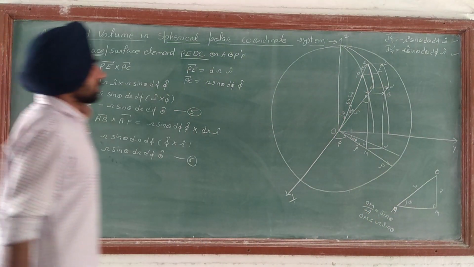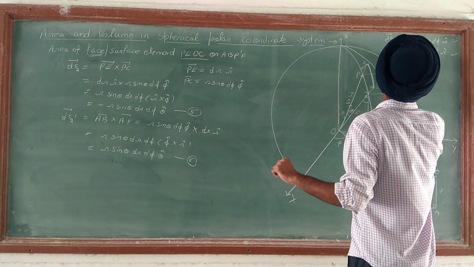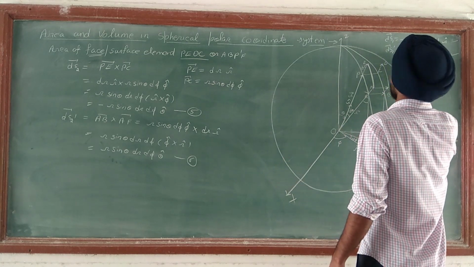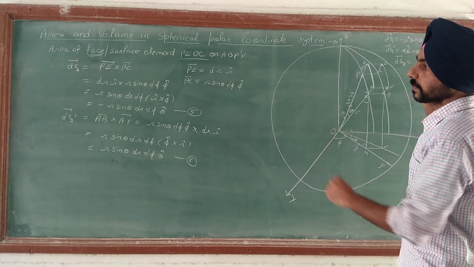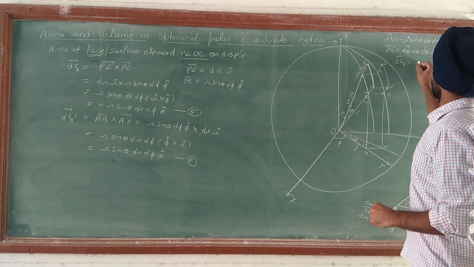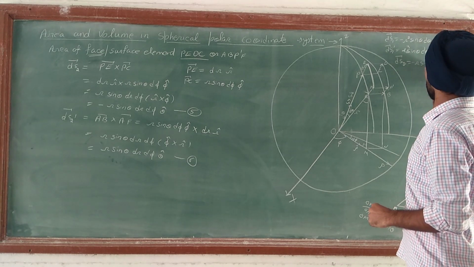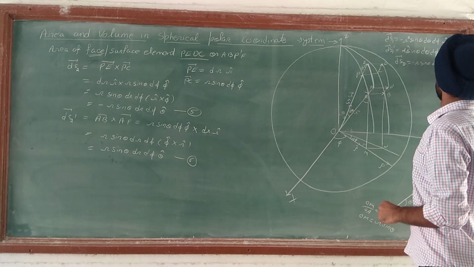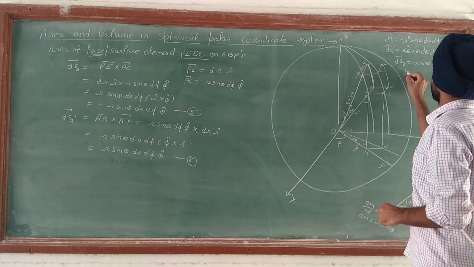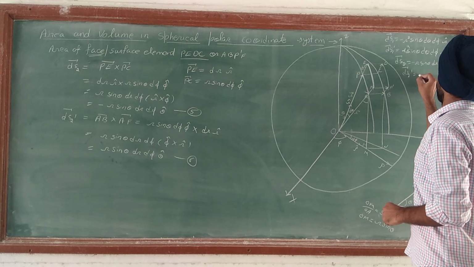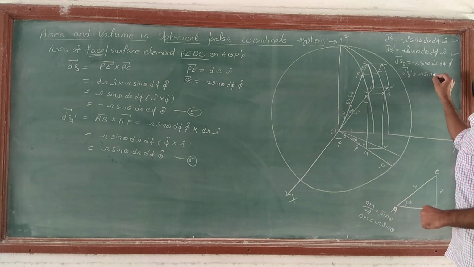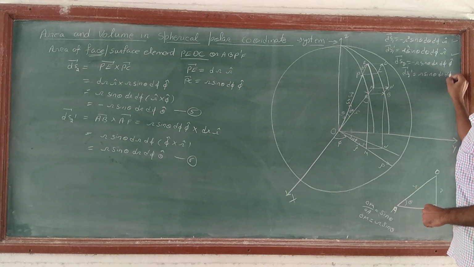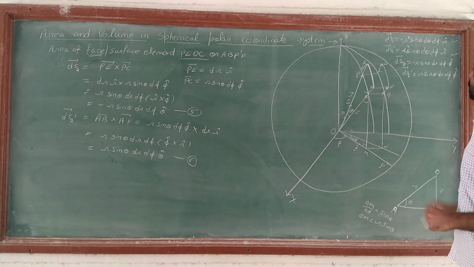So let's write here ds2 is minus r sin theta dr d phi cap, and ds2 prime is r sin theta dr d phi cap.